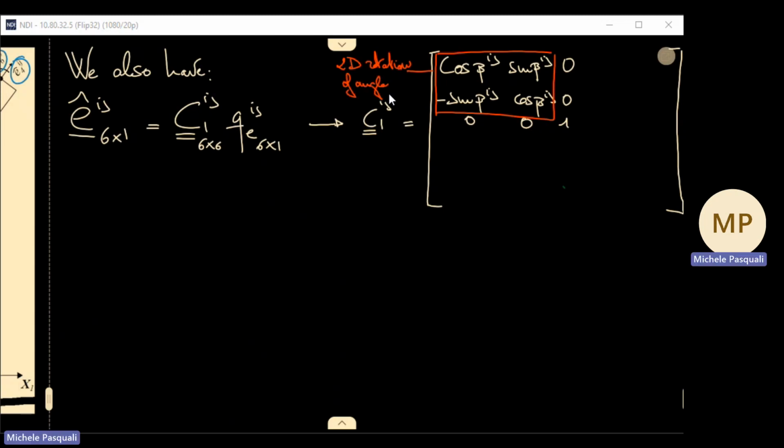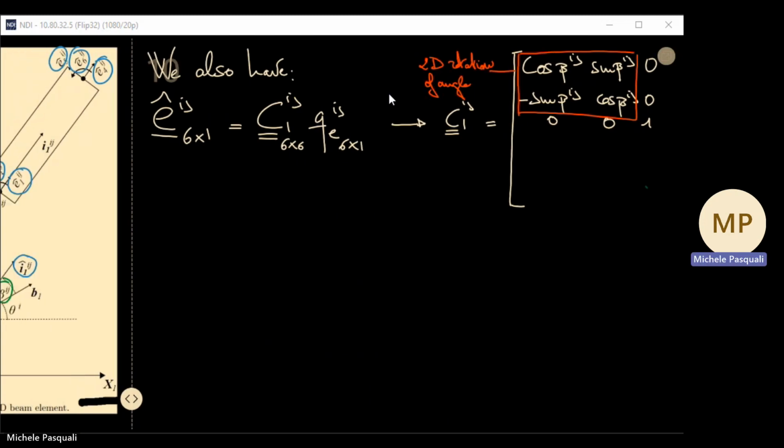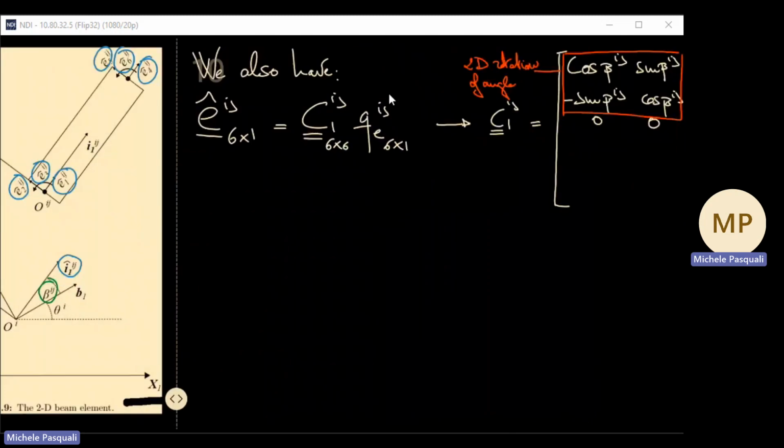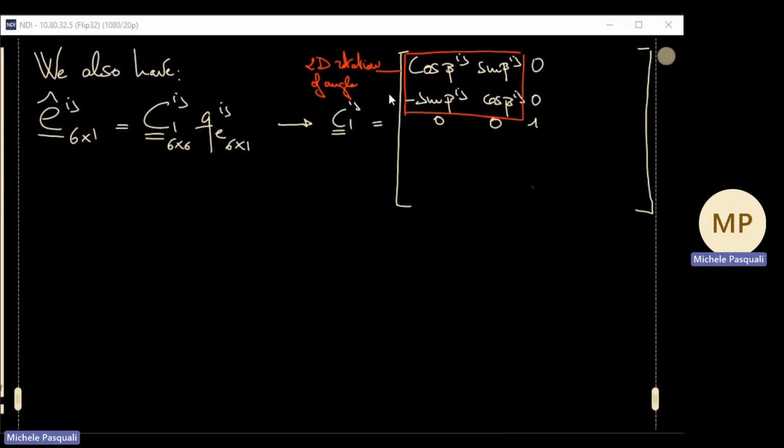What is the rotation angle in this case? Here you have this, and here you have this, so the signs are opposite. Why? It's an opposite angle.